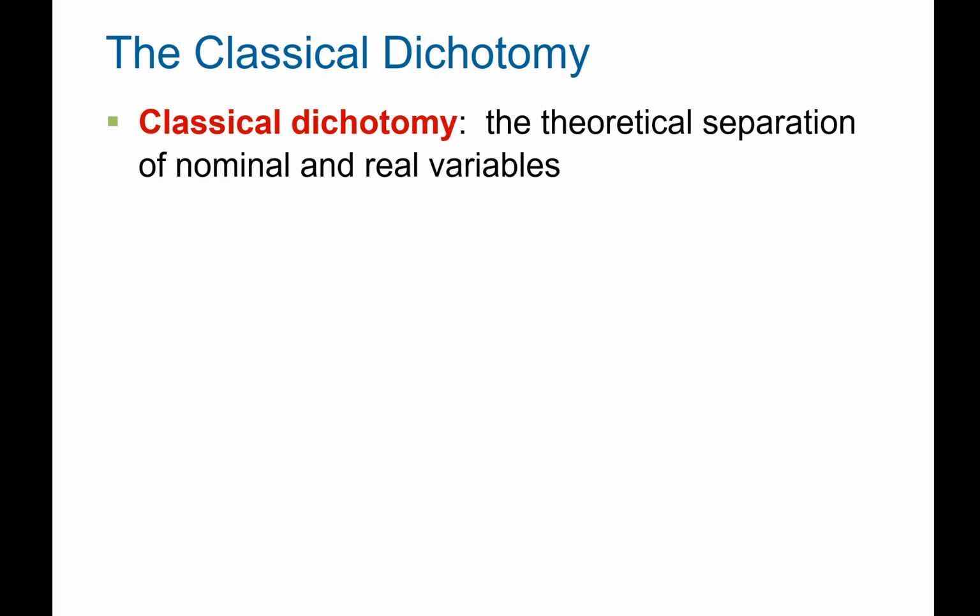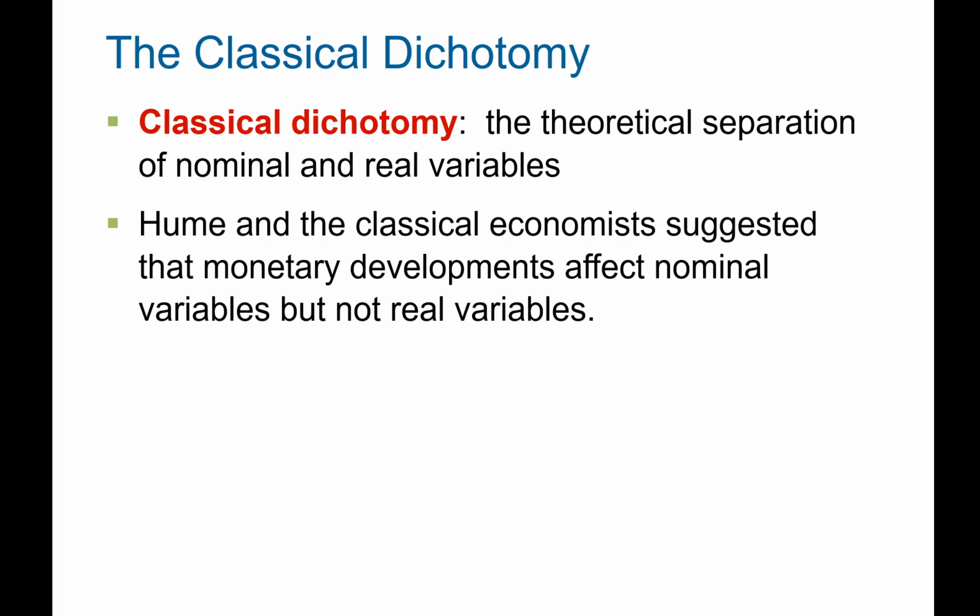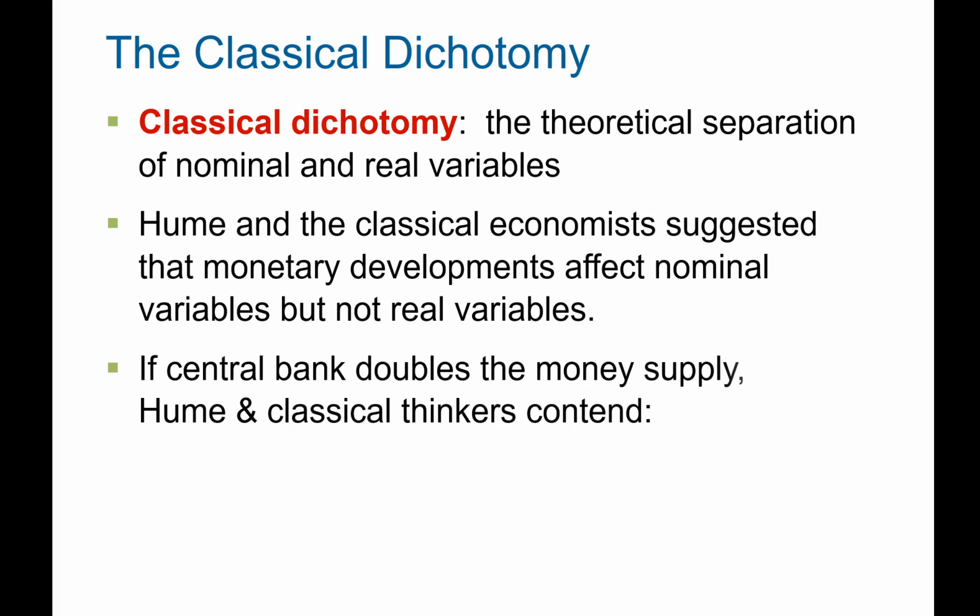The classical dichotomy is a theoretical separation of nominal and real variables. So even though we can see them differently, this is a theoretical separation, that the two are very different. Hume and the classical economists suggested that monetary developments affect nominal variables but not real variables. So what they're suggesting is that changes in the money supply, monetary developments, will change nominal variables, which are measured in dollars, but not real variables, which are measured in physical units.